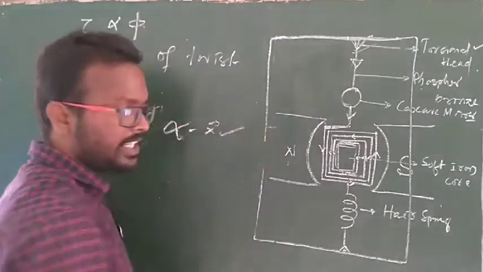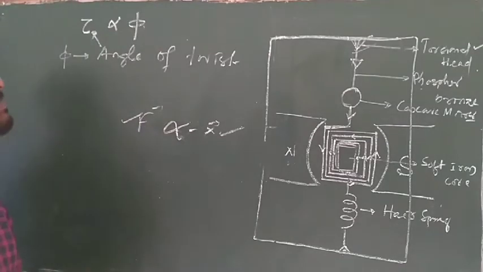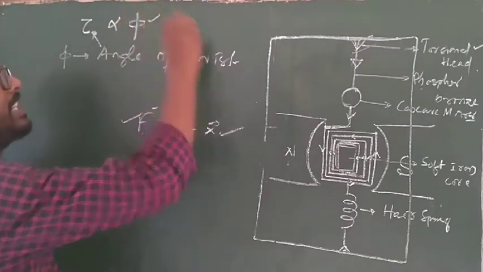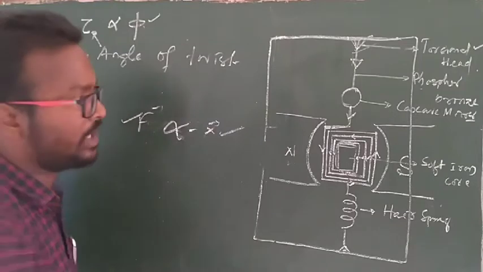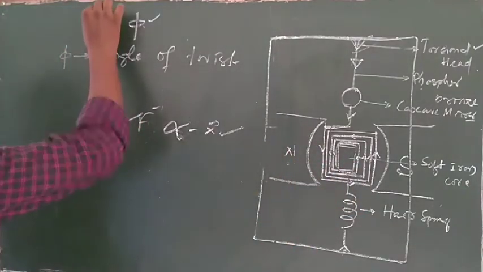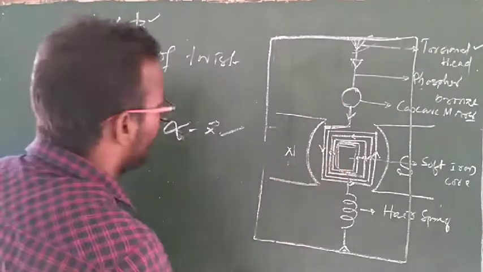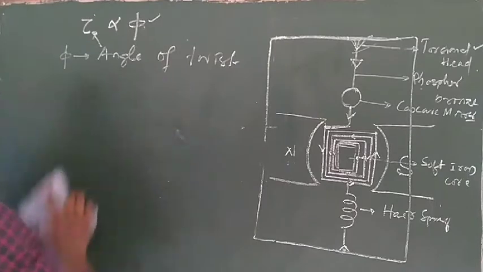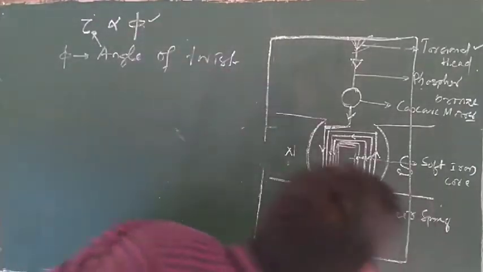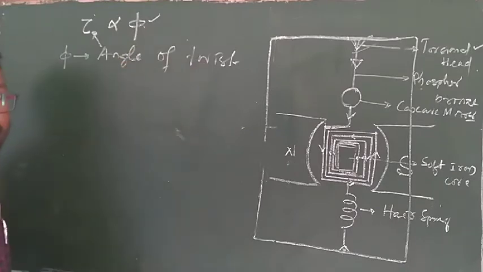Here the displacement is linear displacement and the force is a linear force. Similarly, here the displacement is angular displacement due to the turning effect, and here we have a torque on the coil. So restoring torque is directly proportional to angle of twist.